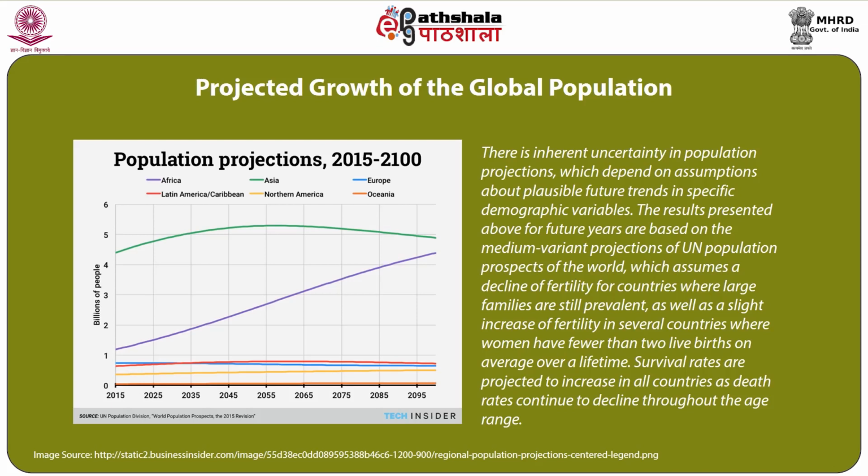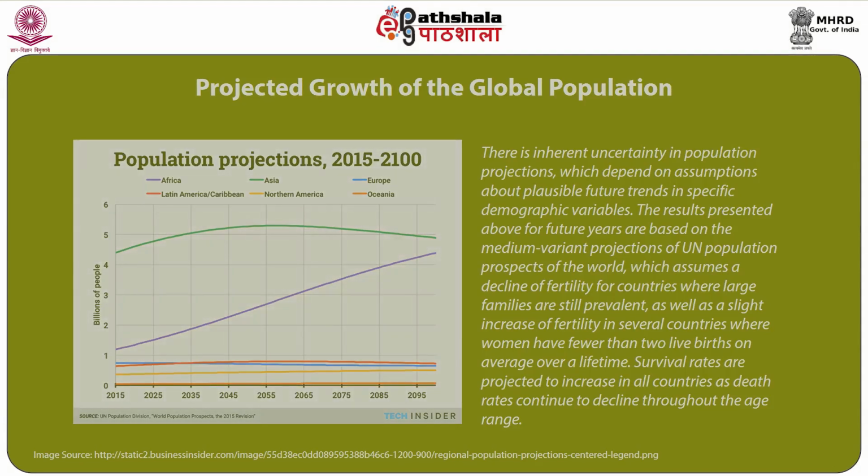Survival rates are projected to increase in all countries as death rates continue to decline throughout the age group. That is where we call life expectancy at birth is steadily increasing across different countries.